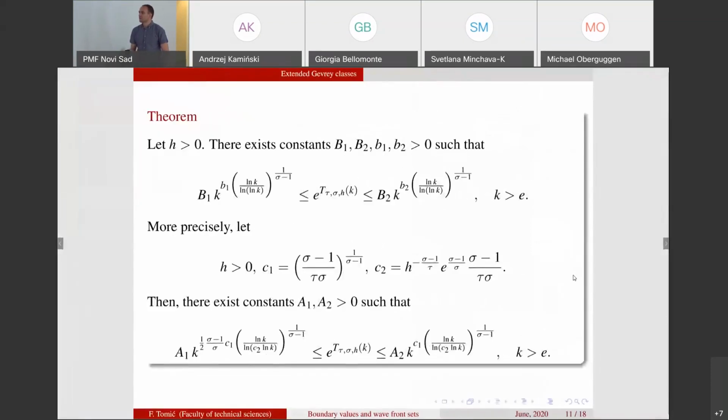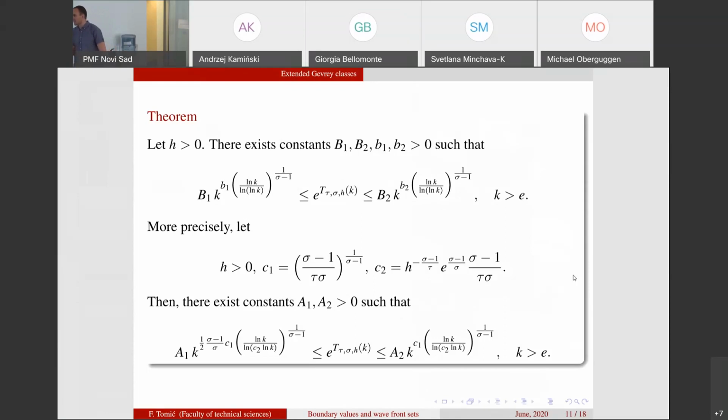And because we have a very particular sequence, can we get very particular estimates for our functions? Well, yes. And here are the estimates. What we have here is a sort of moderating behavior. So we have this k to some power, this in the exponent is a slowly varying function.